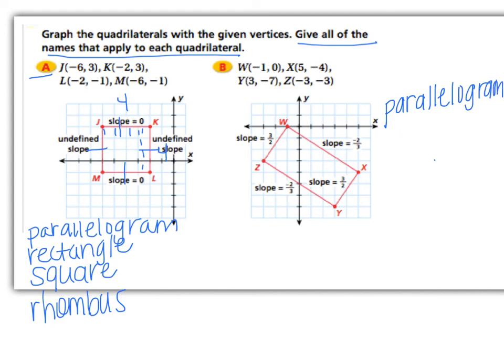Now, since these are perpendicular to each other because they're opposite reciprocals, as were these, they create that 90-degree angle. So if these are all 90 degrees, we know that this is also a rectangle. This would not be a square because our sides are not all the same.